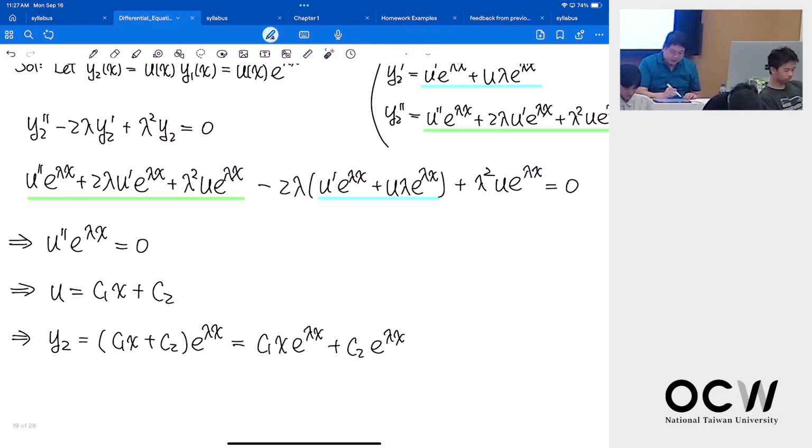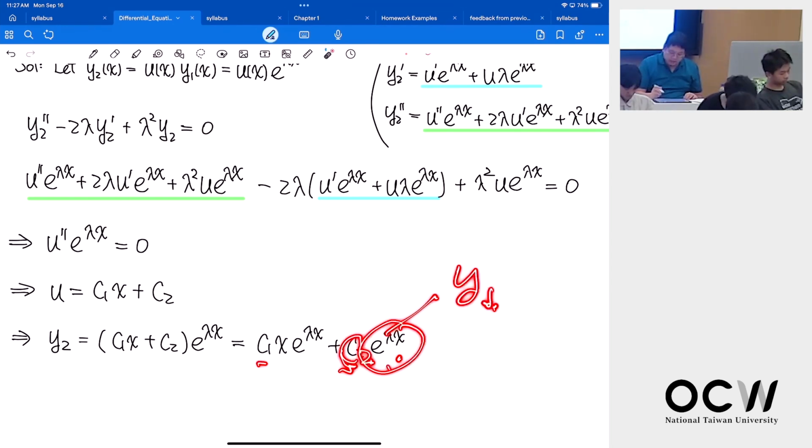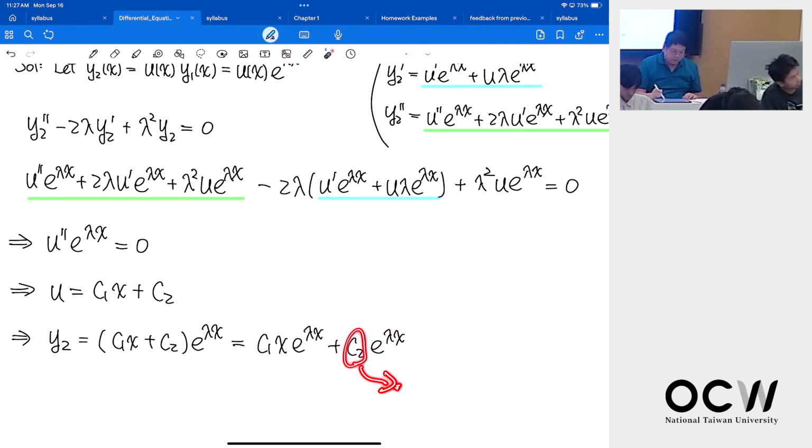Now here you can see that y2 has two terms. And we also have e to the lambda x. This is y1, okay? And that times c2, like a constant. We can just let this constant be 0 because this is already a solution.